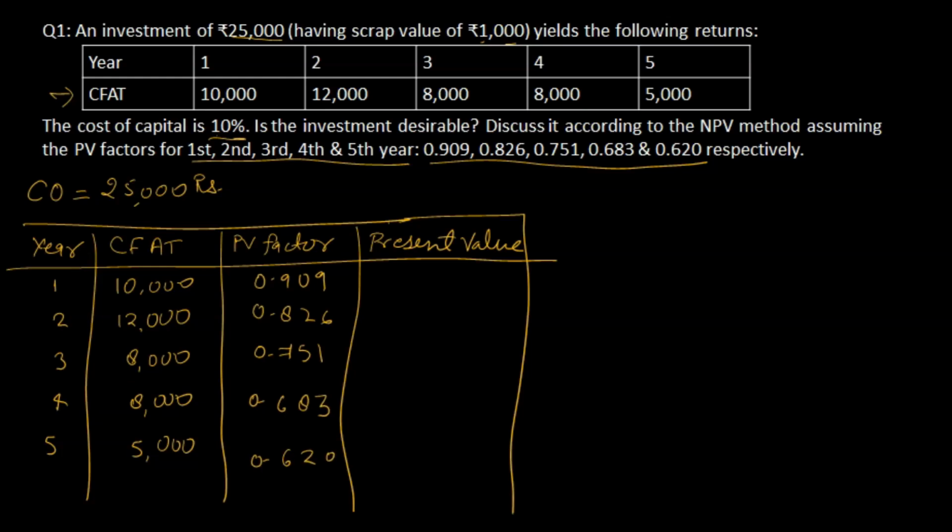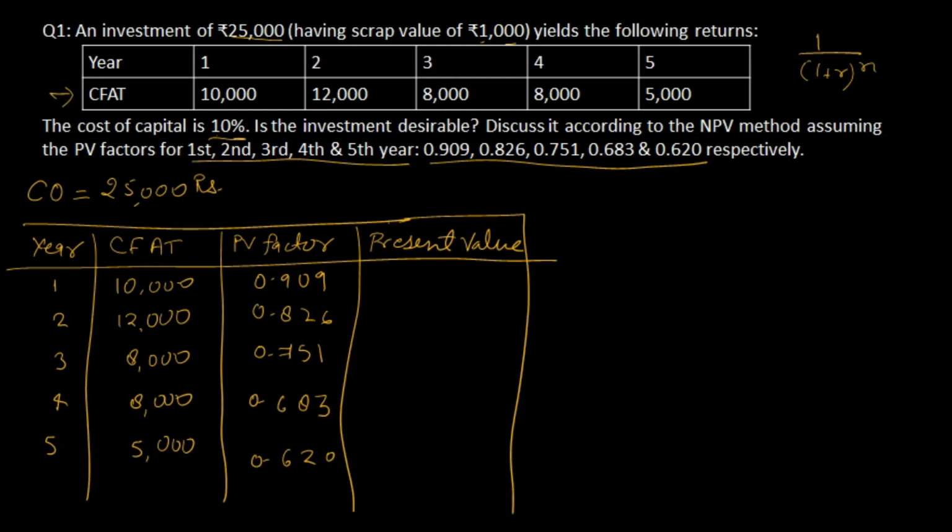Now for PV factor, you have this formula if it is not given in the question. R is the cost of capital, which is 10%, so 0.10, and N is the respective year: 1, then 2, then 3, then 4, then 5.